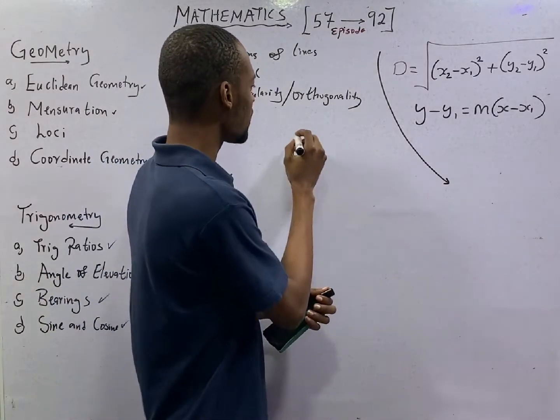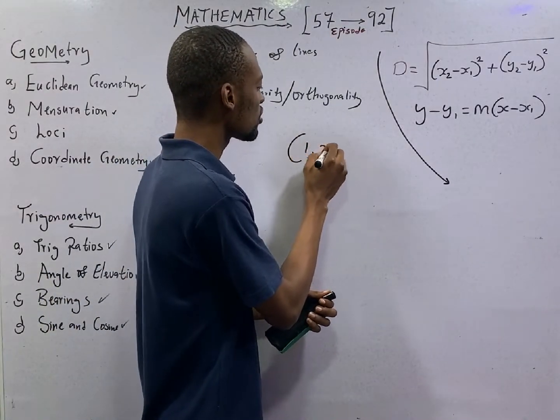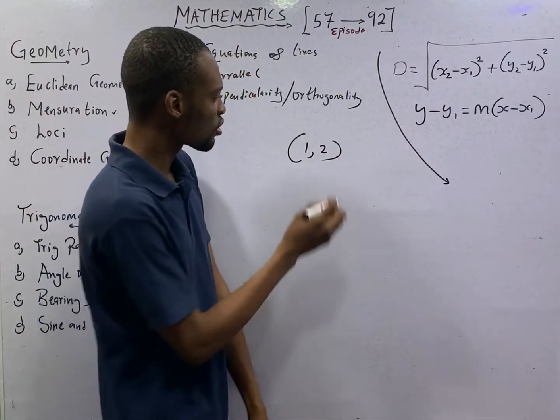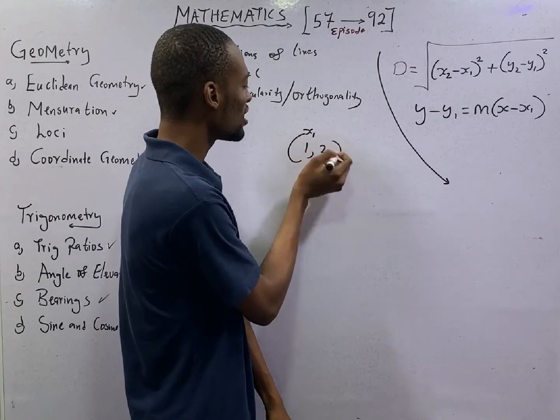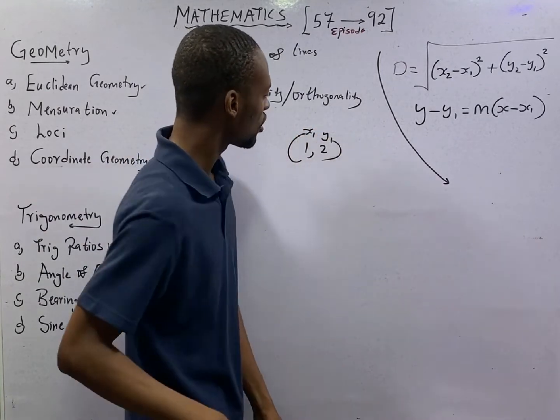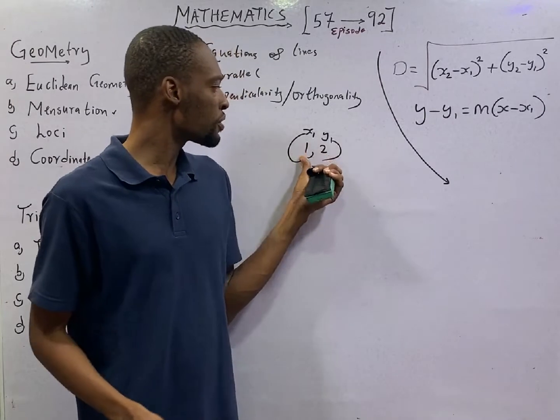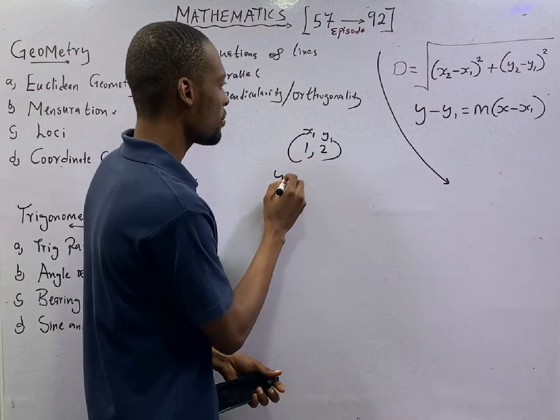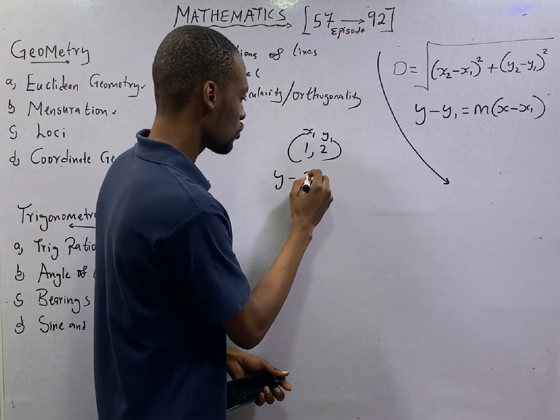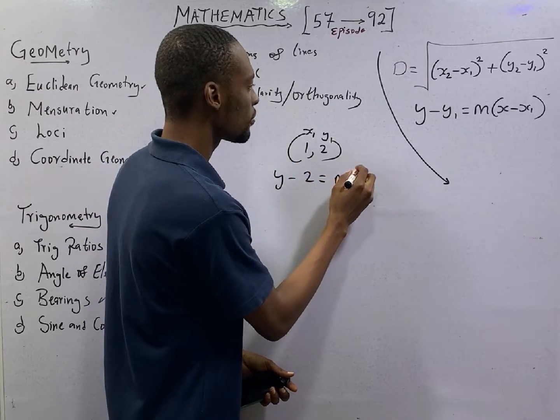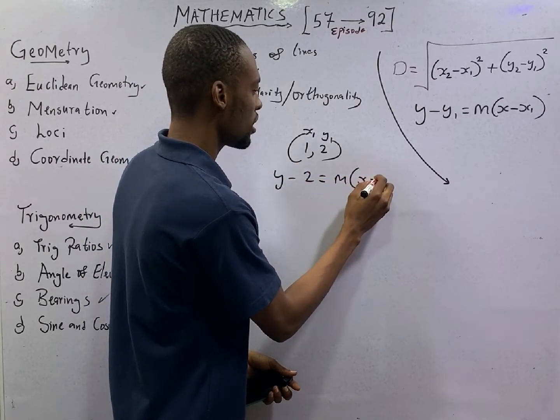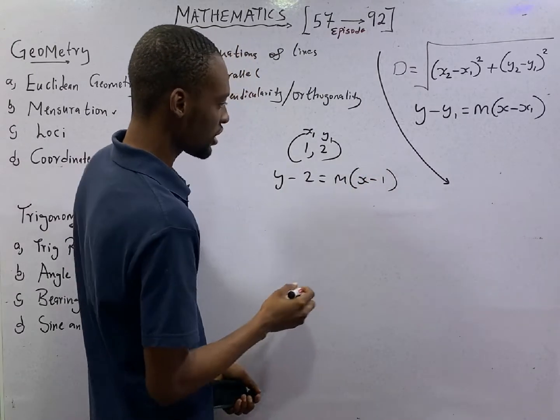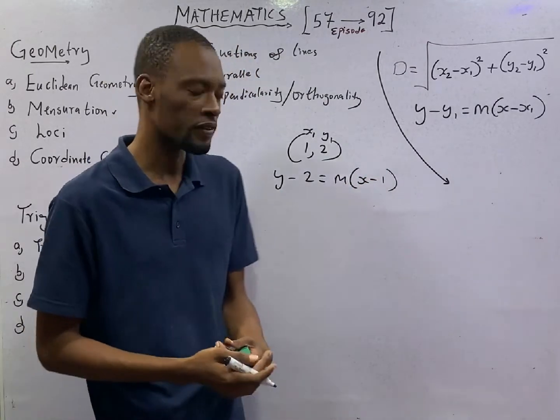If I give you something like this, (1, 2), this is obviously your x1, this is your y1. So if you substitute these values here, your equation of line will be y minus 2 is equals m times (x minus 1). That is your equation of line.